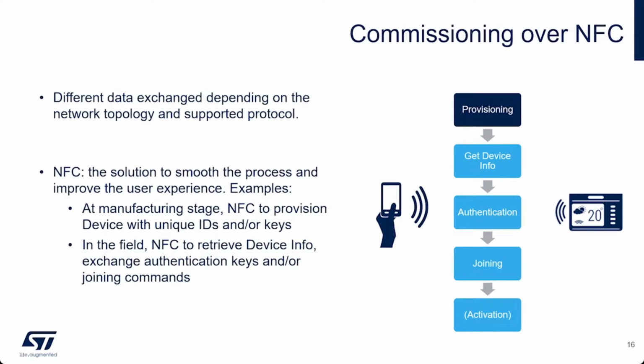In any case, NFC can be part of the process to ease commissioning and thus improve the user experience. For instance, device provisioning with unique IDs and/or keys can be done using NFC. Likewise, device info needed to identify the new device can be retrieved also using NFC. Additionally, authentication is possible by exchanging keys via NFC.